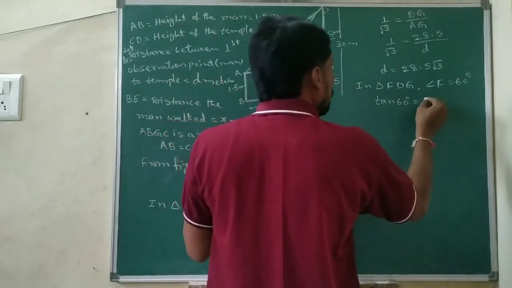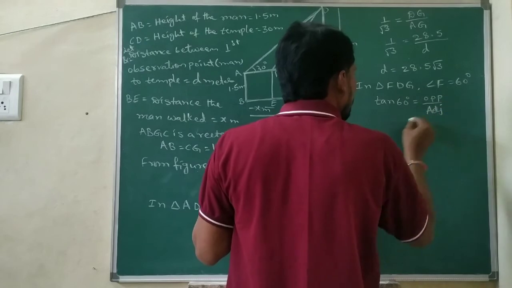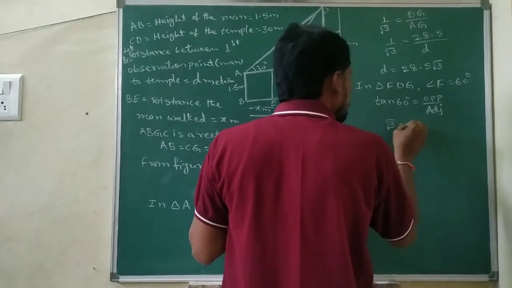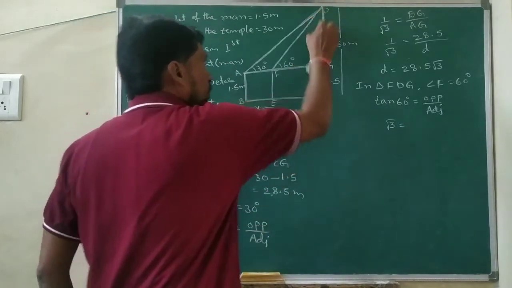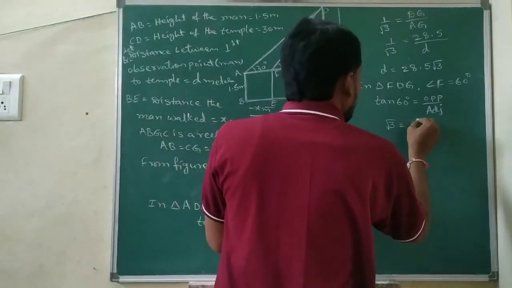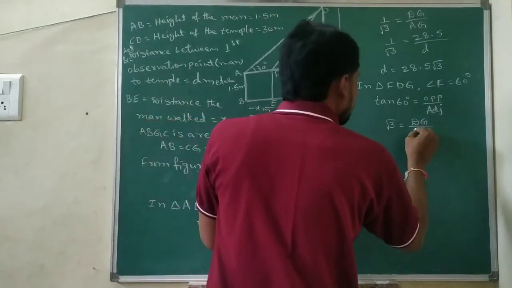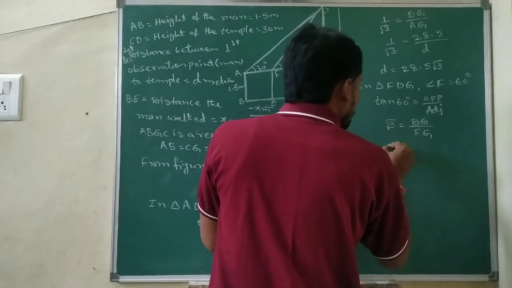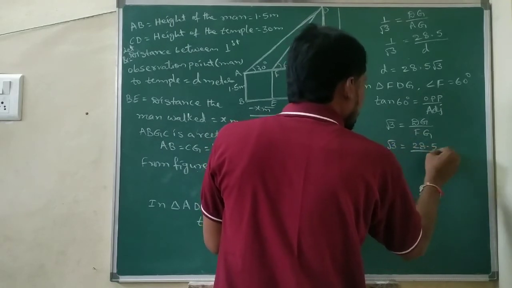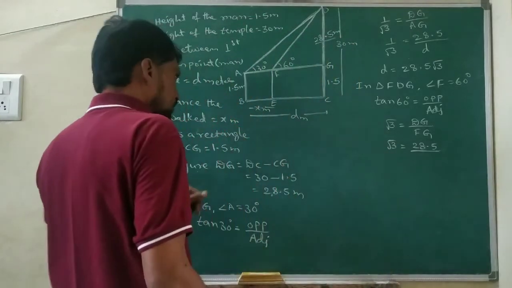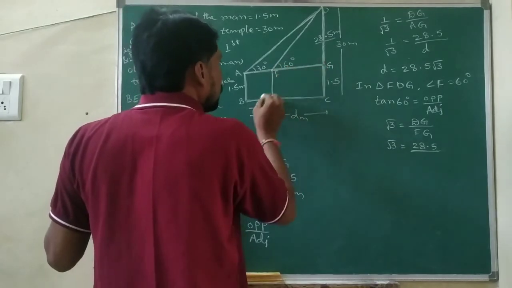So tan 60 equals opposite by adjacent. The tan 60 value is root 3, equals opposite. What is opposite? That is DG, by adjacent. Adjacent is FG. So root 3 equals 28.5 by FG.